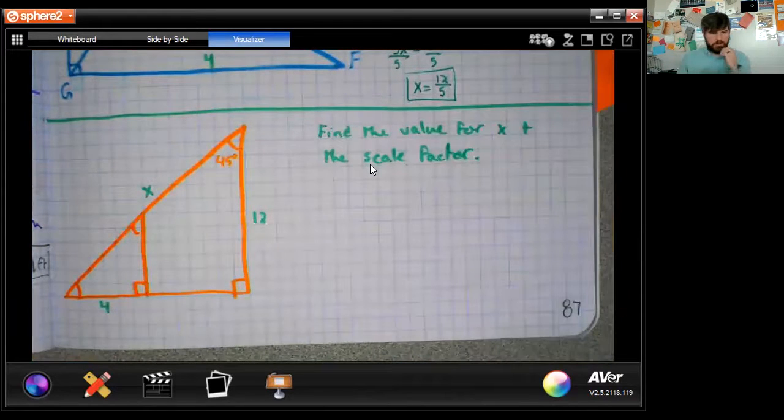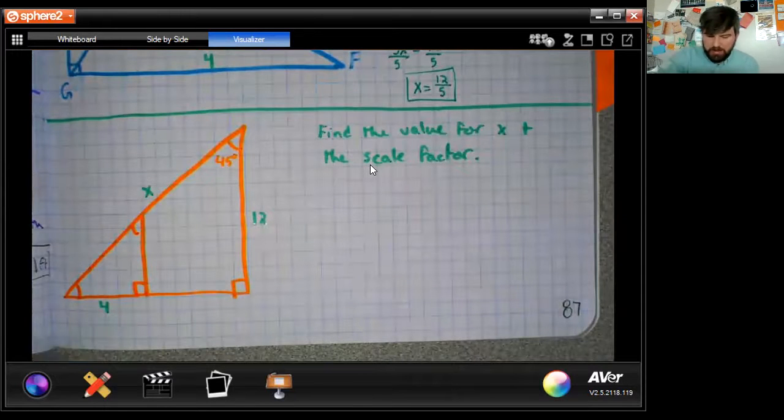On this one, we're going to find the value of X. Plus, they want us to find the scale factor.